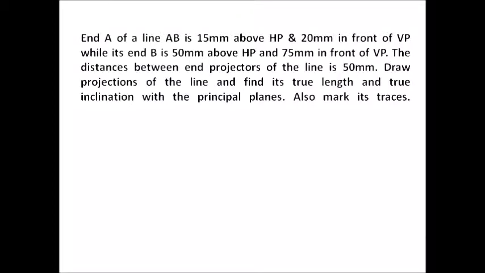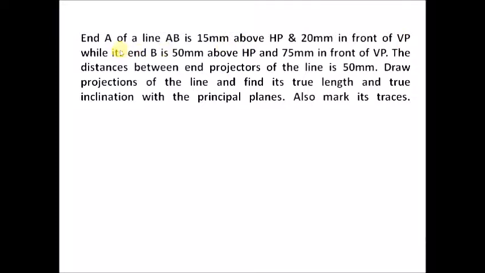Hello students, today we are going to solve the first question of projection of line. In this question it is given that end A of a line AB is 15 mm above HP and 20 mm in front of VP.